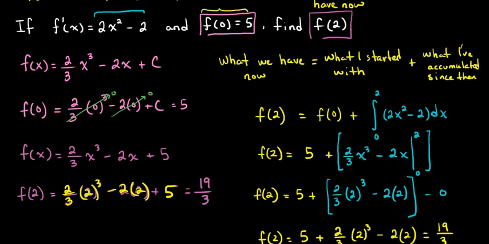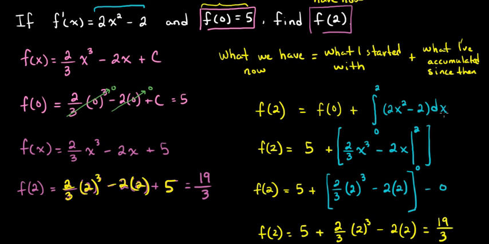But you're going to see some calculator questions on your AP exam where it's just impossible to find an antiderivative by hand. They're very, very difficult to find. And so if you know this setup, on the AP exam, you can save yourself a lot of time and a lot of headaches by trying to find an antiderivative for a function that probably does not have one.